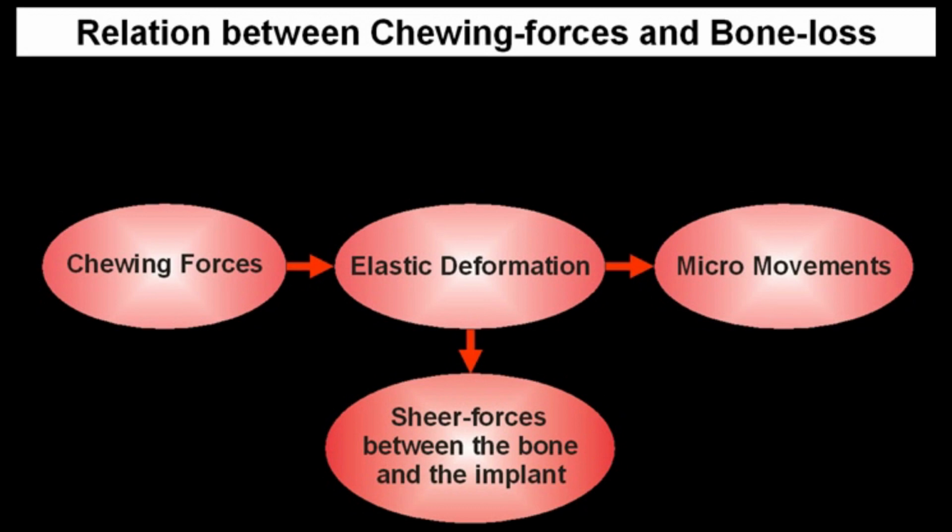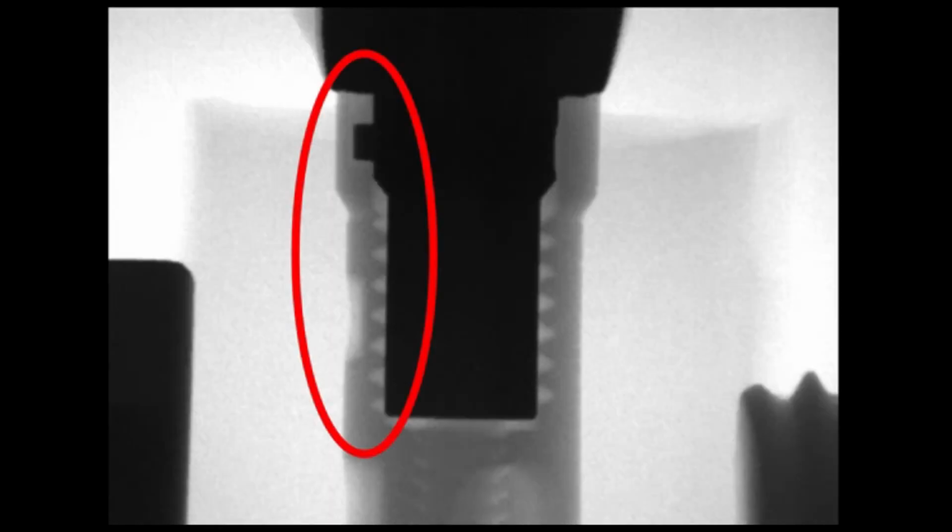We simulate a bone loss of 3 millimeters, and if we load it, you can see the elastic deformation of the implant wall. It's large, and if we simulate no bone loss, it's clear to see that the elastic deformation decreases. Again, for better understanding, a large elastic deformation and a small elastic deformation.